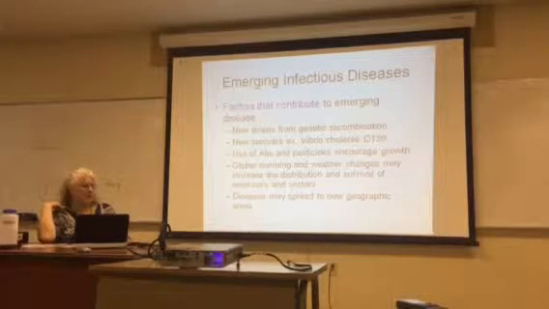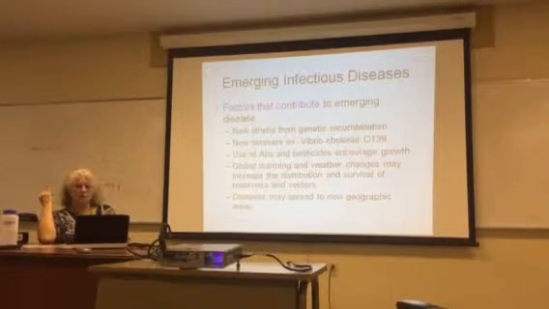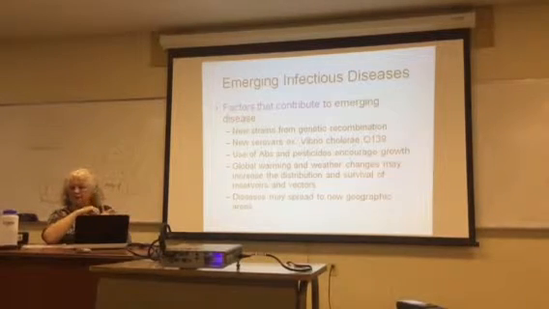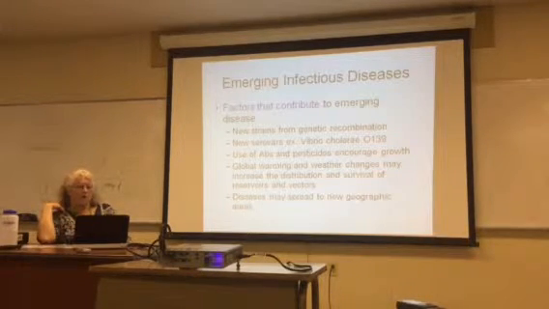Factors that contribute to these emerging diseases: you can get genetic changes, where they've shared different genetics, and they get new strains that are more virulent. You can get new serovars, such as for Vibrio cholerae, that O139 is the serovar.